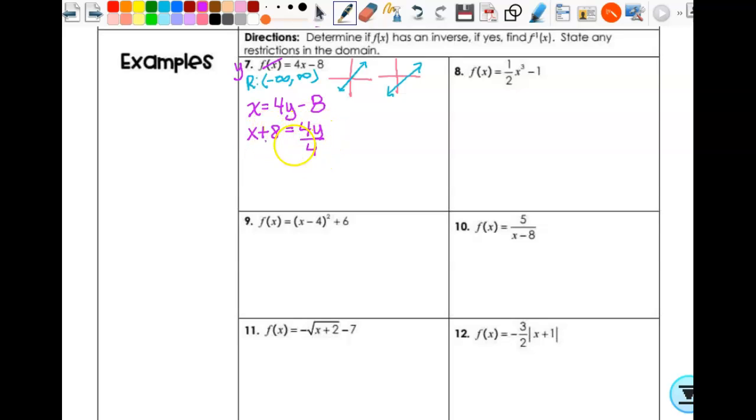Divide each term by 4. So that's going to give me 1/4 x plus 2 equals y. So f inverse of x is equal to 1/4 x plus 2.